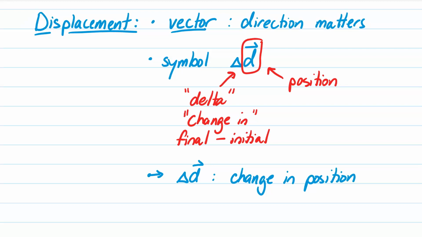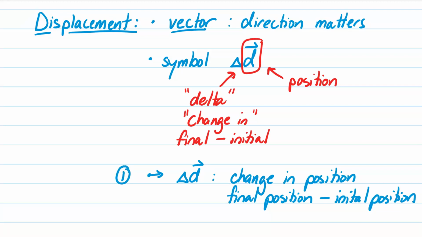Change means final minus initial, so really displacement is the final position of your object minus the initial position of your object. So that is one way of looking at displacement. That's the official definition of it.